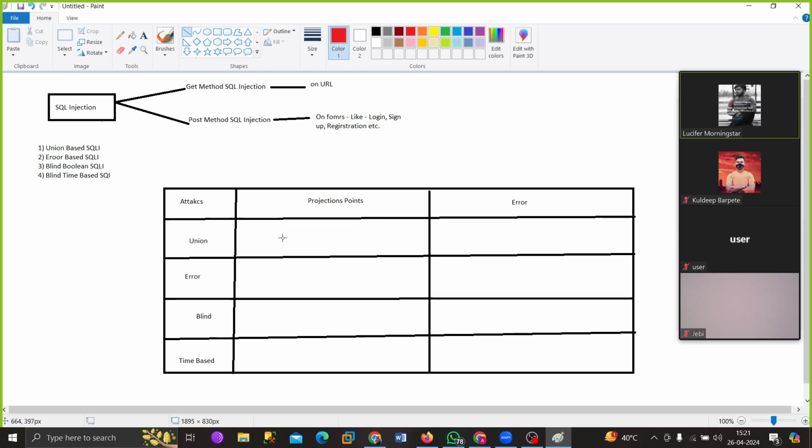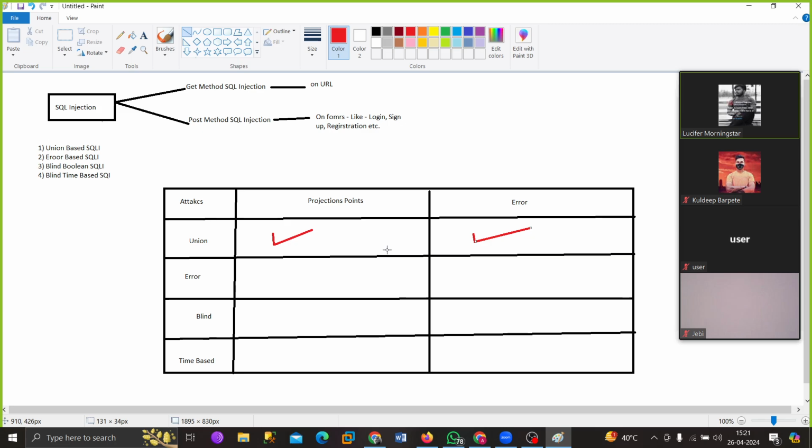Let me color this. When on a website there is a projection, do you know what that projection means? If not, I'm gonna tell you when I perform the live task. If the website or URL is projecting, you can perform a union based attack on that website. If there is an error on the website, still you can perform union.